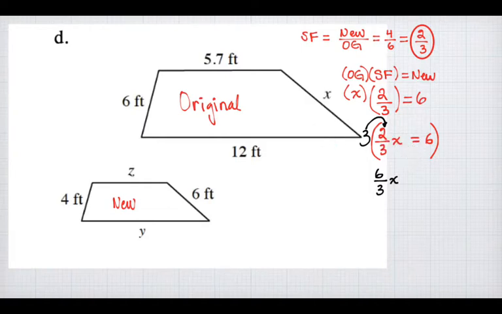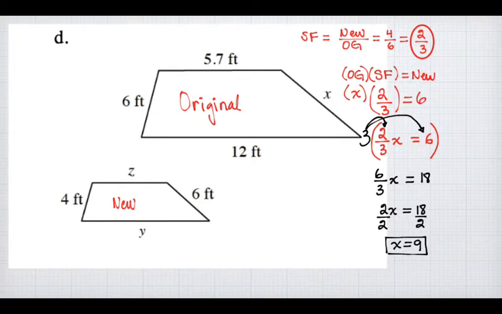Now, I got to multiply the 3 times the 6, because I'm multiplying the whole equation, so this equals 18. What's 6 divided by 3? 2. So now this turns into 2x equals 18. Divide both sides by 2. X equals 9. And we're done with that side. We got one side. X equals 9.